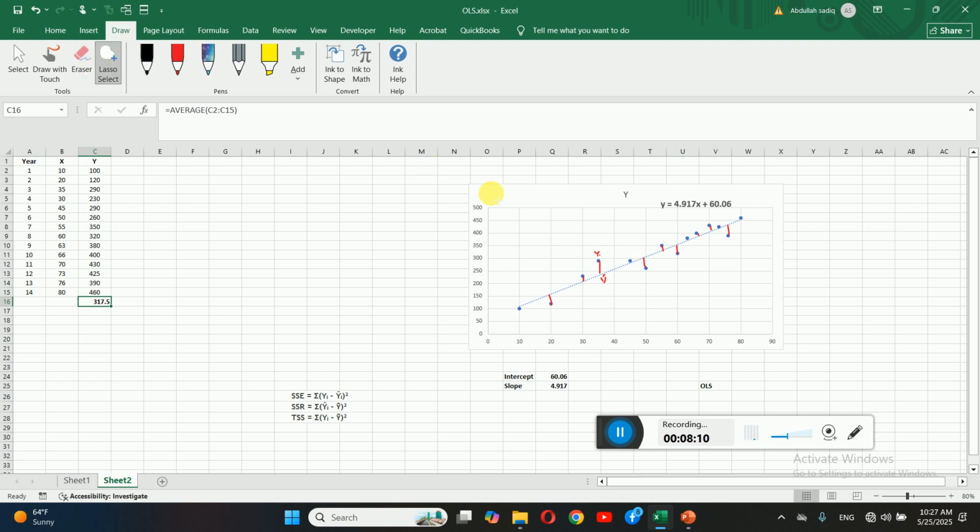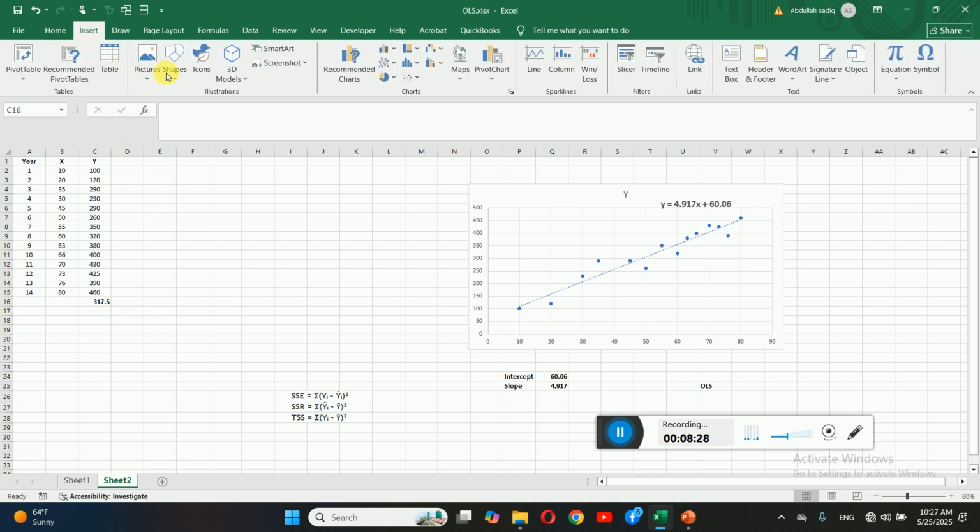Sorry, just remove these values. Dear students, look here. What is the average value of y? 317.5. This is the average line, dear students.